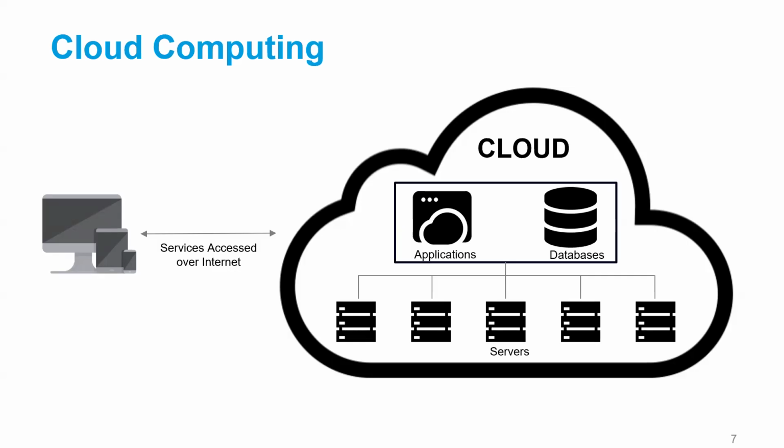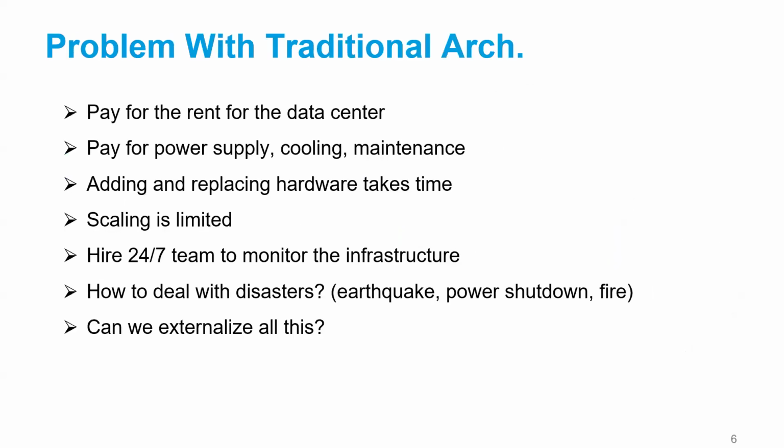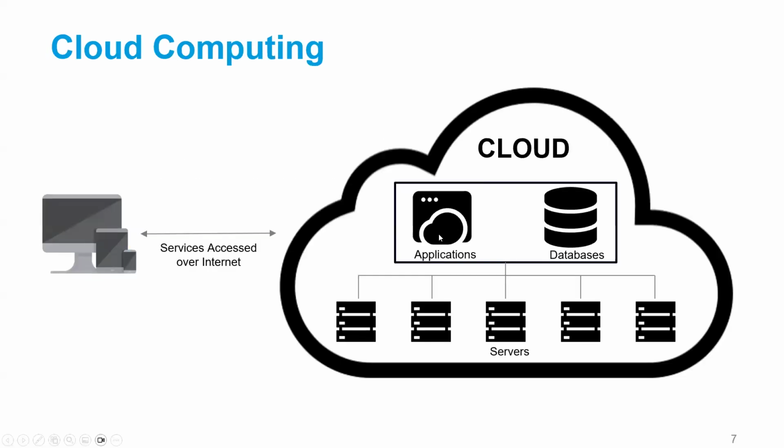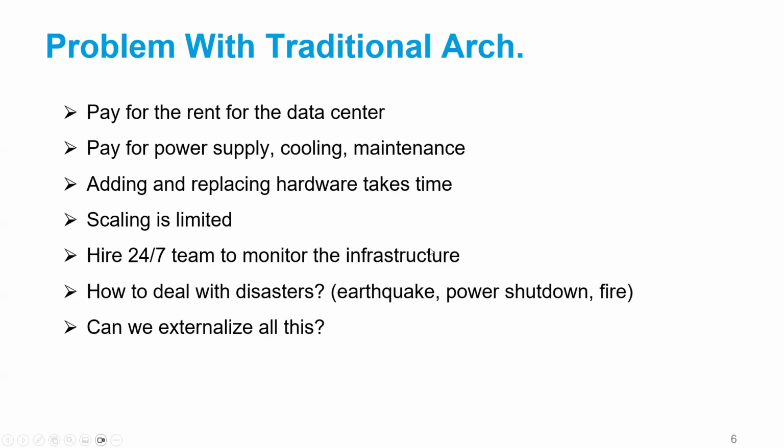Okay, so now if we compare with the traditional architecture. First was paying the rent for the data center. Have we ever paid any rent for a data center for Google? No, correct? Have we ever paid for power supply, cooling, maintenance? No. It's the vendor's responsibility to take care of all those things.